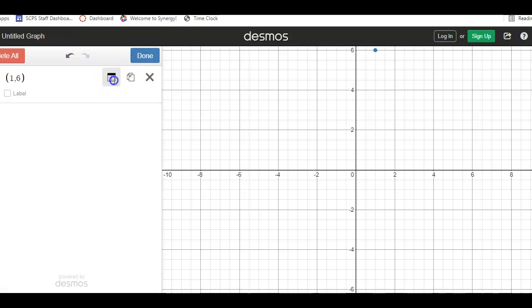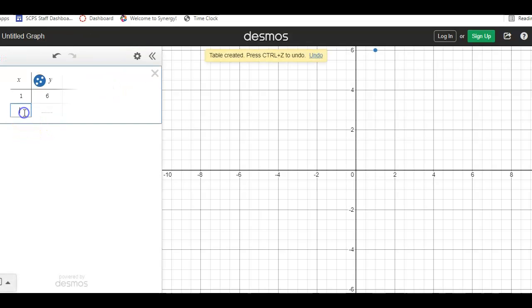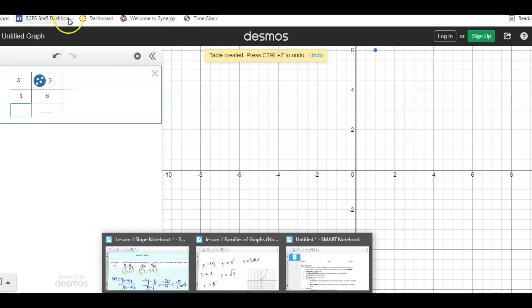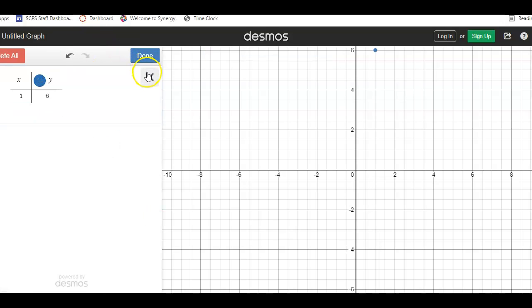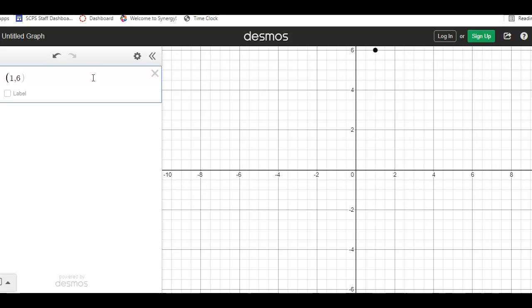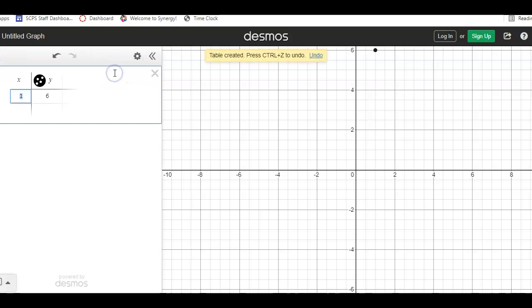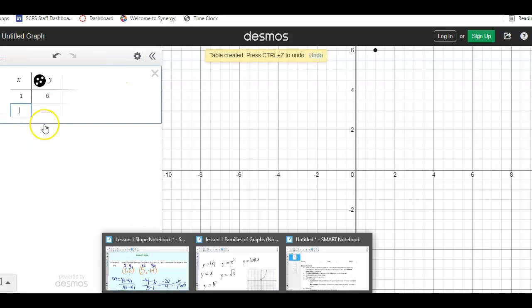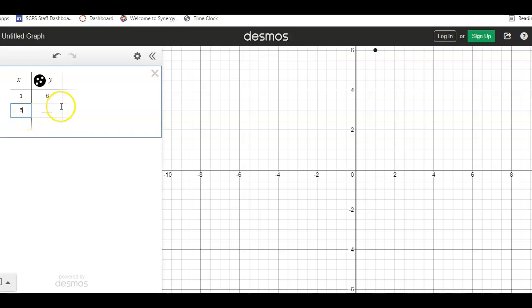I'm going to change this to a table by coming up here. We'll try this. 1, 6, and if you hit the little settings and then the table, you'll get a table. And then our other point was (5, negative 14). And it will plot your points.